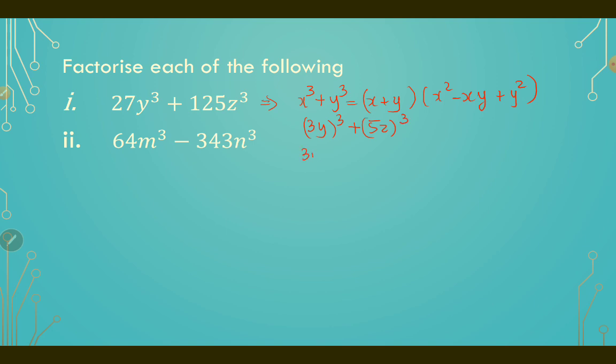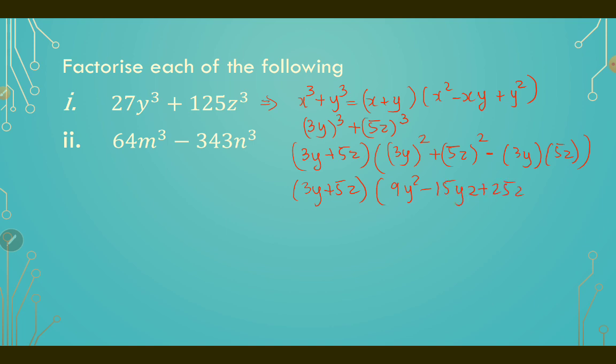So 3y plus 5z into 3y the whole square plus 5z the whole square minus 3y into 5z. That's nothing but 3y plus 5z into 9y square minus 15yz plus 25z square.